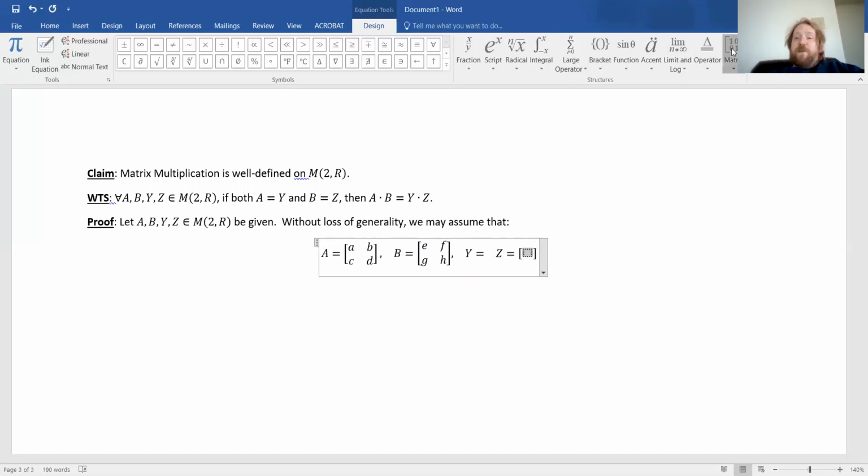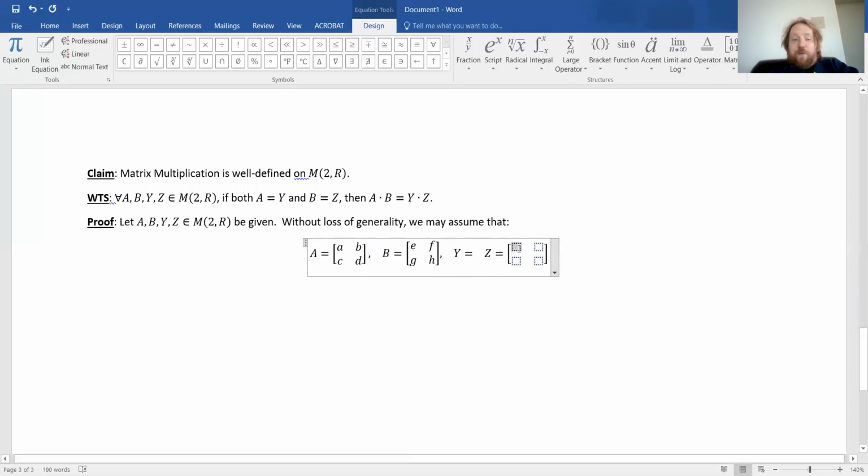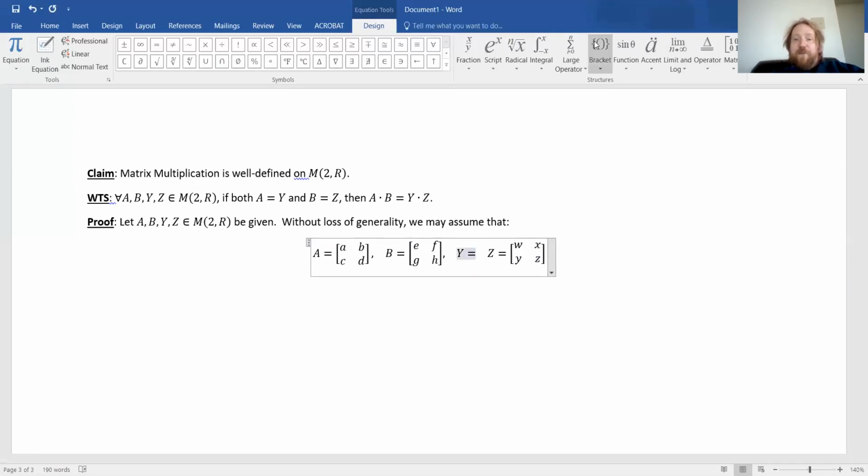So Z is going to be the matrix W, X, Y, Z, and Y is going to be the matrix S, T, U, V.